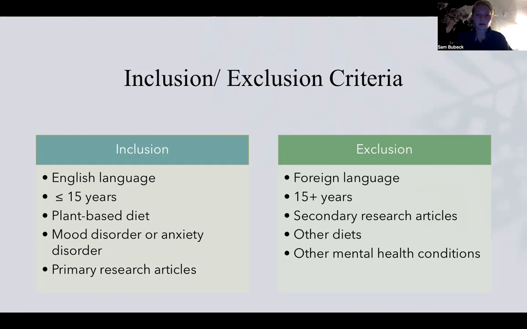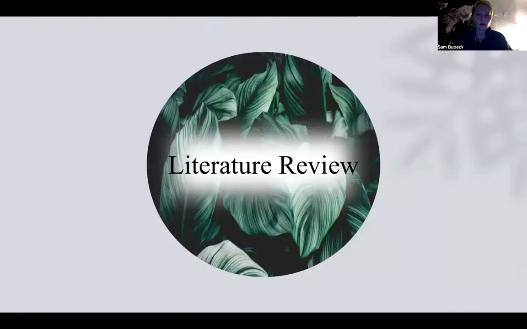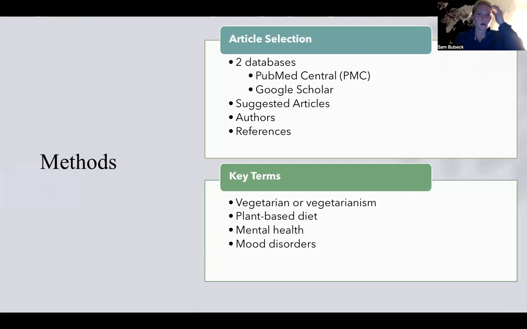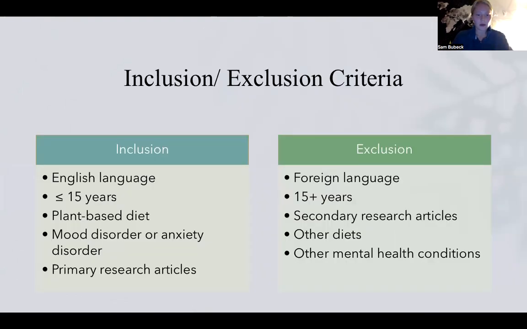As I had previously mentioned, we're just going to go back real quick. I only wanted to focus on the anxiety disorders and mood disorders to completely knock out all of the others below and really focus on what I could find research on. All right. And lastly, they had to be primary research articles.